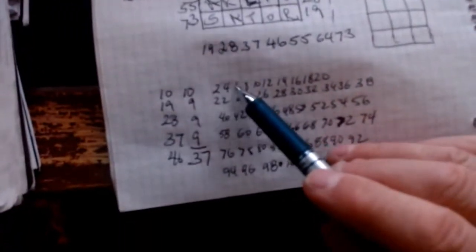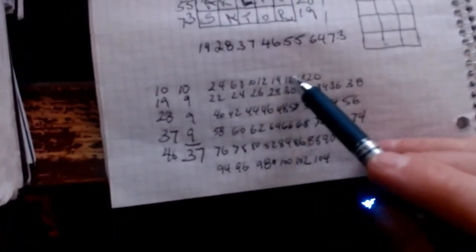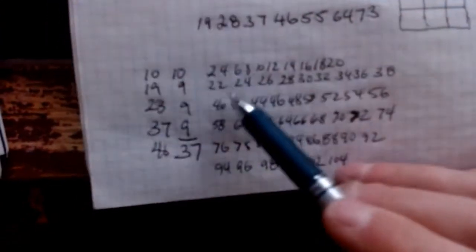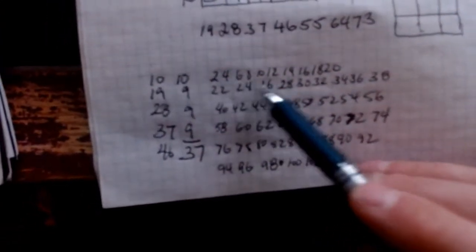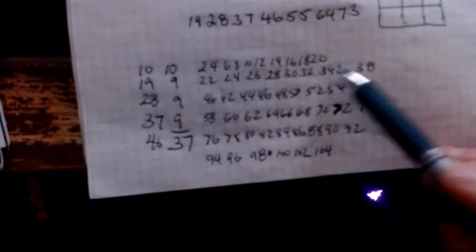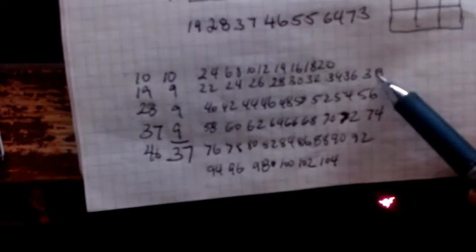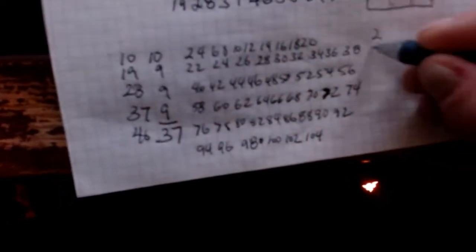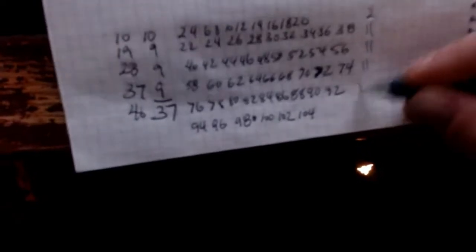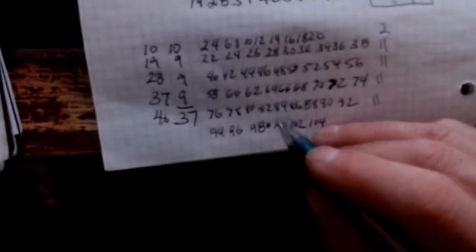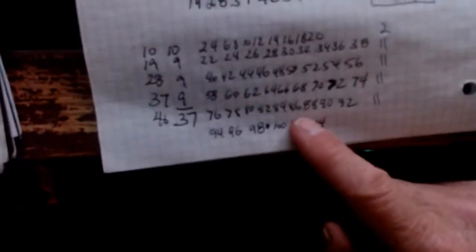Okay. Count 1, 2, 3, 4, 5, 6, 7, 8, 9, 10. 2 plus 0 is 2. I started with 2. 1, 2, 3, 4, 5, 6, 7, 8, 9. Okay. 9. 3 and 8 is 11. 1 and 1 is 2. So 2, 11, 11, 11, 11, and it stops over here. It only goes to here, right? The next one will divide the house because I'm going to go over again.